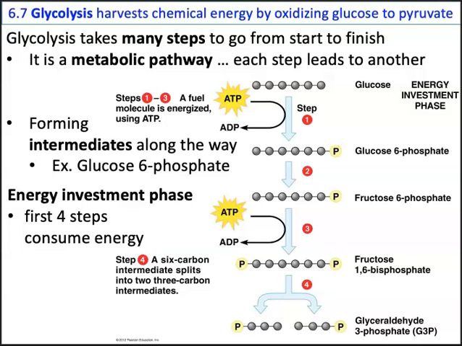Now that's weird. Why would we need to use up energy if we're trying to make energy, right? Well, this is a requirement of the process. It's required for the enzymes to actually do their job, and it's kind of like priming a pump. Sometimes you need to put a little water into the pump in order to get things going so that you can actually produce more water in the end.